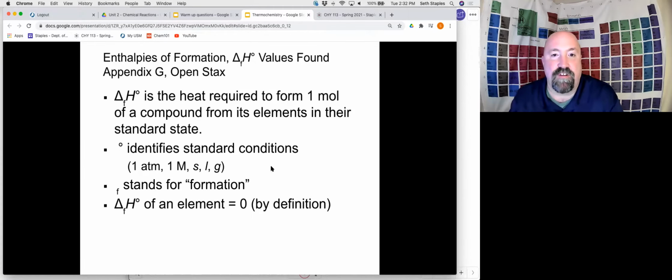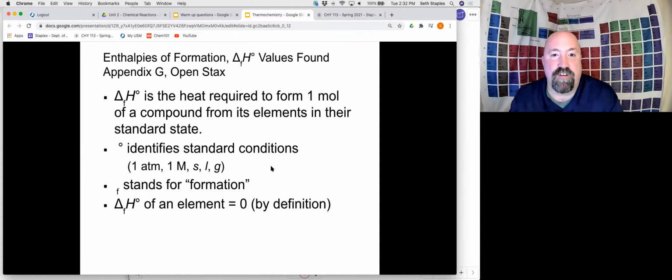Okay. So let's take a look at what the delta H°F values are really giving us. Let's look at each of these equations here, where we want to write the formation from the elements of these compounds.